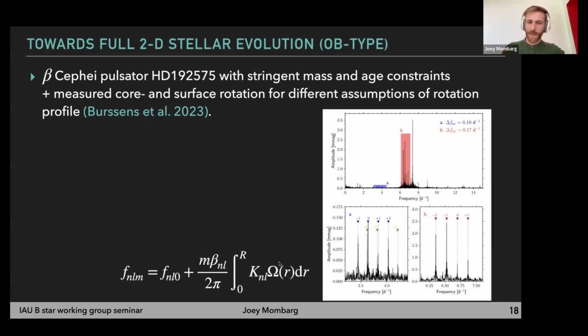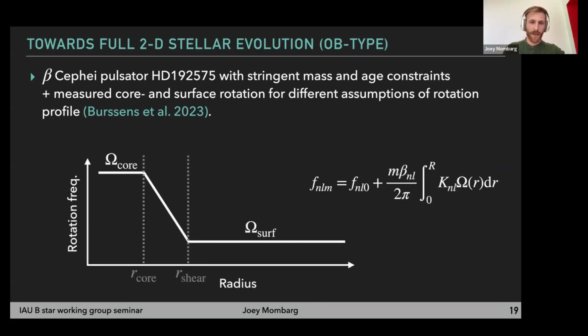But the thing is that it's not very clear what this omega(r) should be in massive stars. What's typically done in the literature is to assume a rotation profile like this sketch here. You have a rotation rate in the core, a rotation rate at the surface, omega surf, and then you assume a linear transition between the two from the radius of the convective core up to the radius we call R shear.